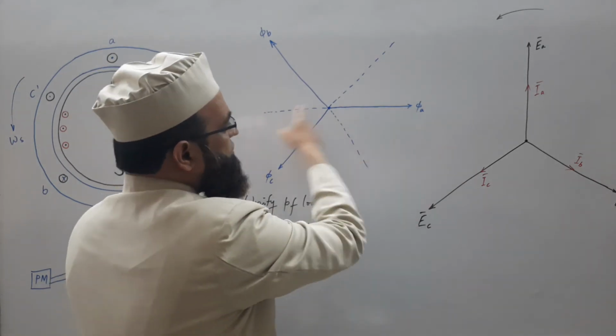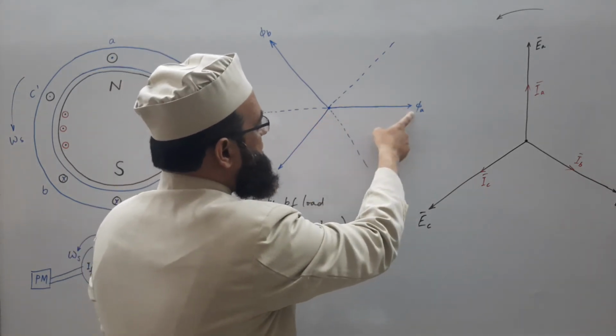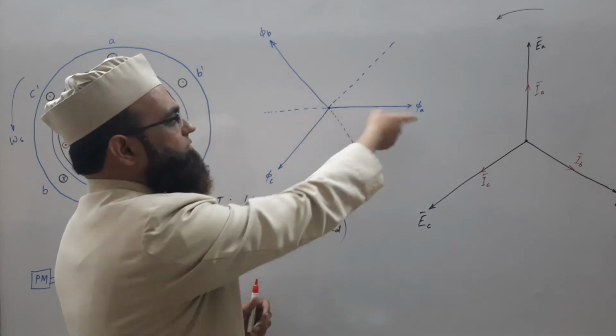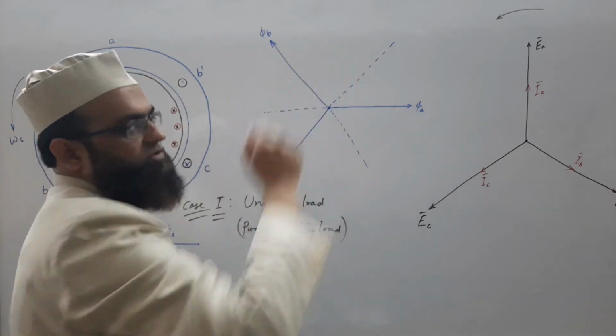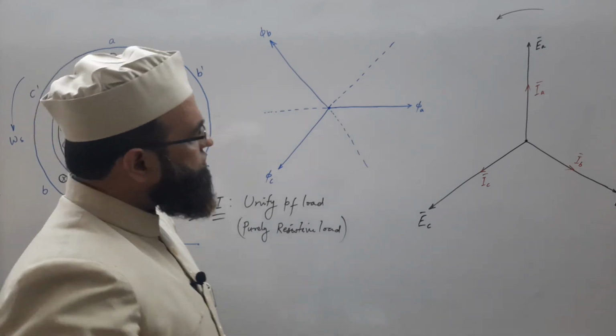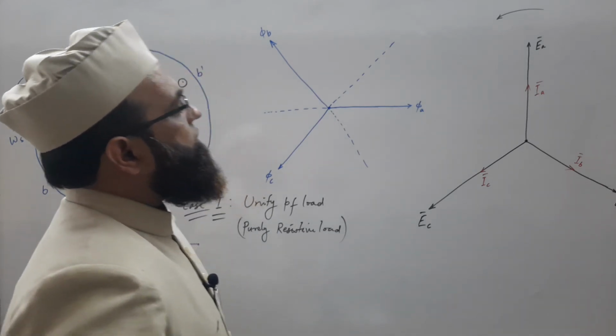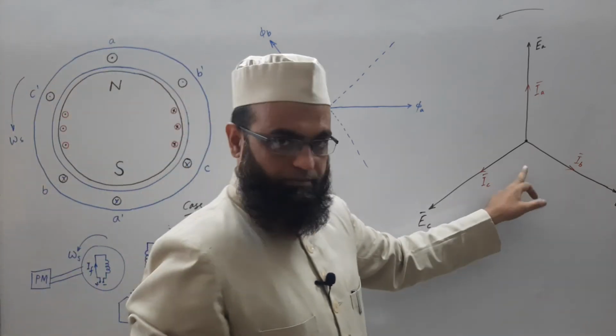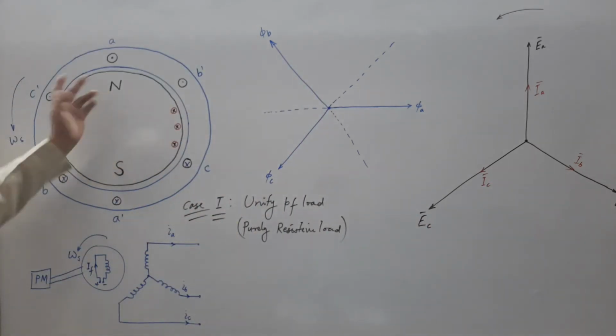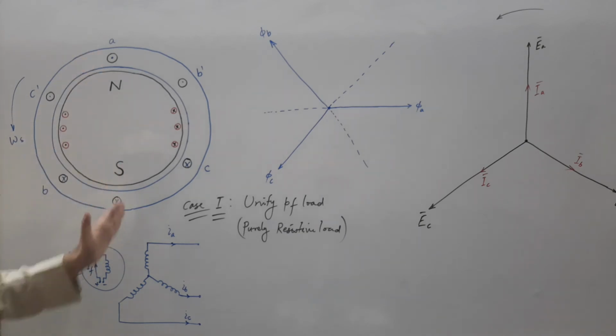So phi A will oscillate, sometimes 0, sometimes maximum, sometimes minimum. Similarly phi B will oscillate, phi C will oscillate. So if we want to see the amount of fluxes in the three phases at this moment, when the rotor is aligned along this.